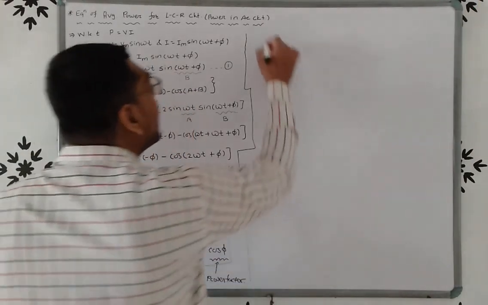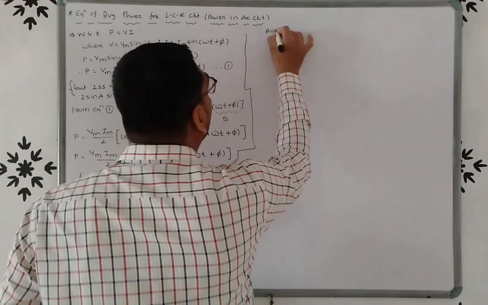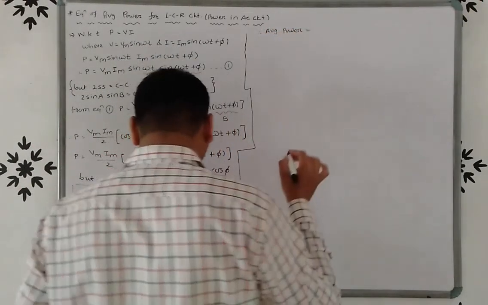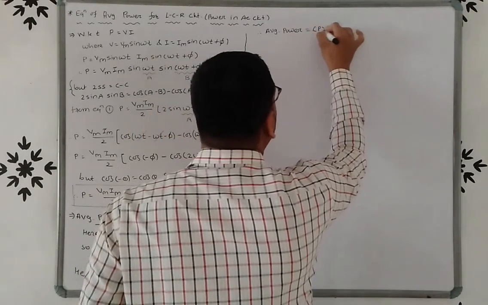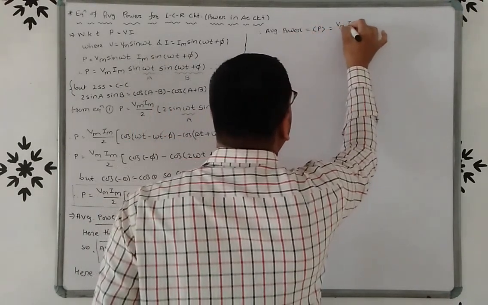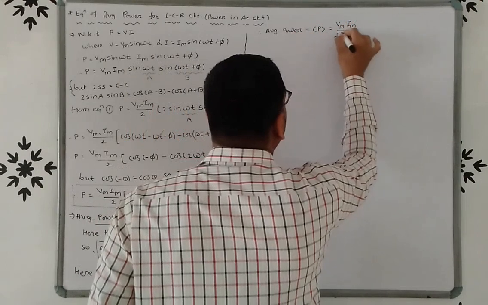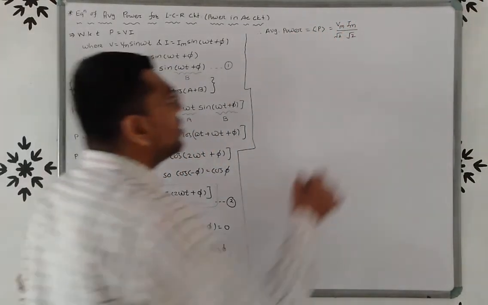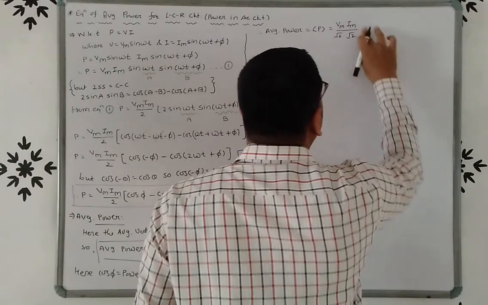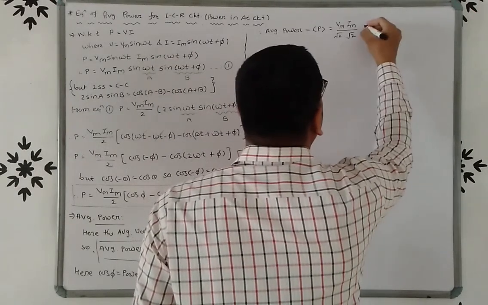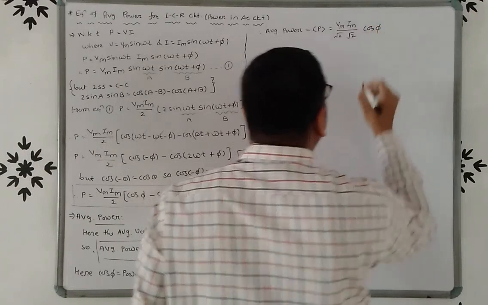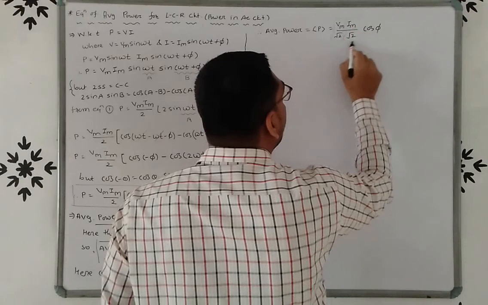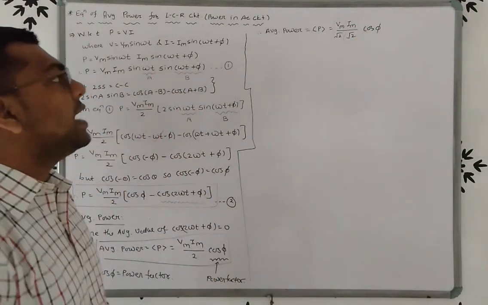So the average value of P is equal to Vm Im by, instead of 2 we write root 2 into root 2, cos phi, right? So Vm by root 2 is known as Vrms, and Im by root 2 is known as Irms.